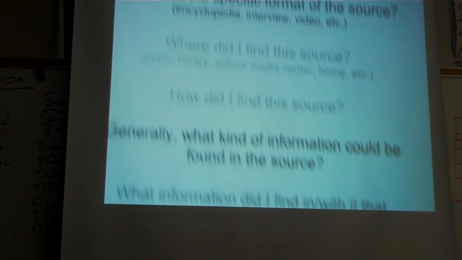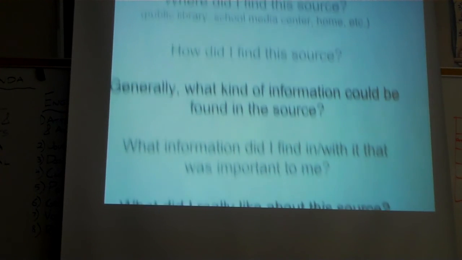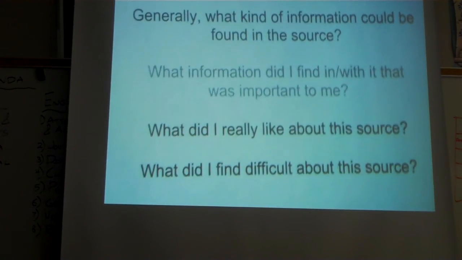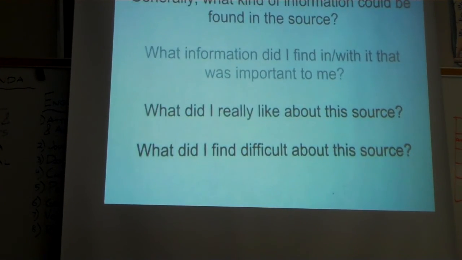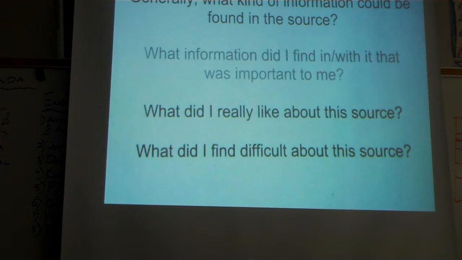Then, what kind of information could be found in the source? Now typically, when you are creating an annotated bibliography, you have not necessarily gone through all of the information in the book as of yet. You are hypothesizing as to what kind of information should be in there. It's not necessarily going to be the source that helps you out the most, nor the least.